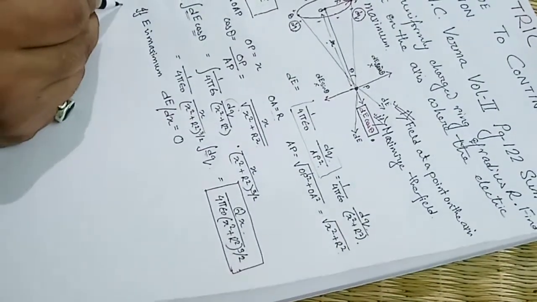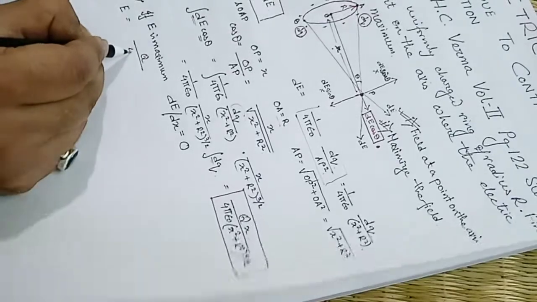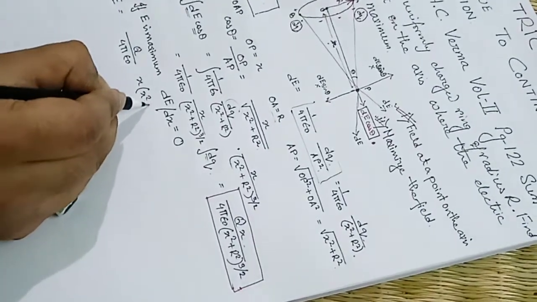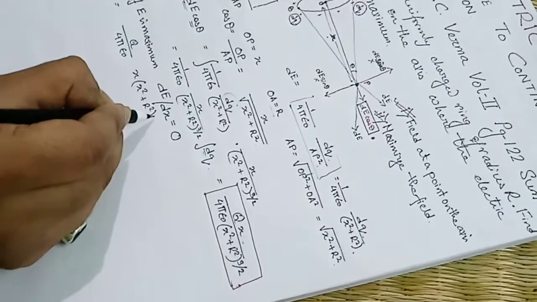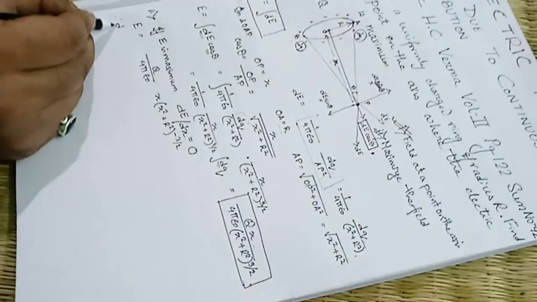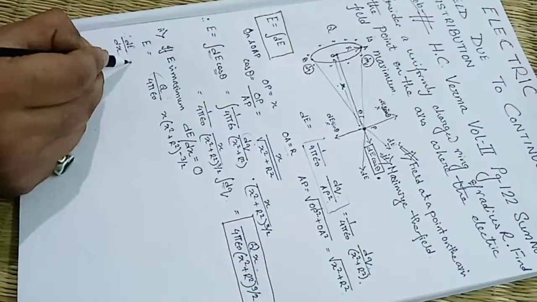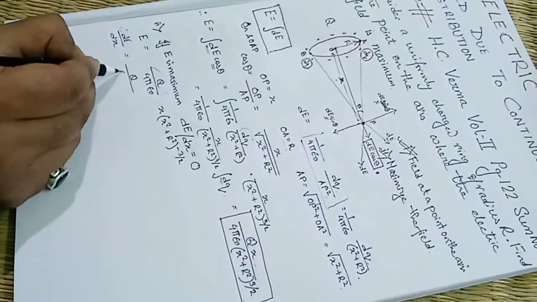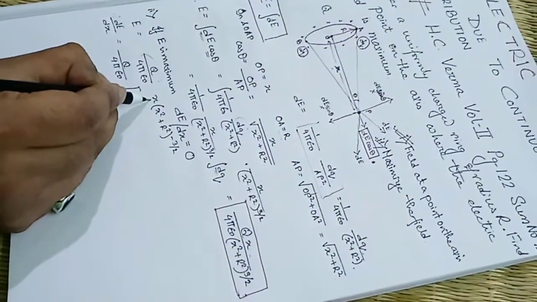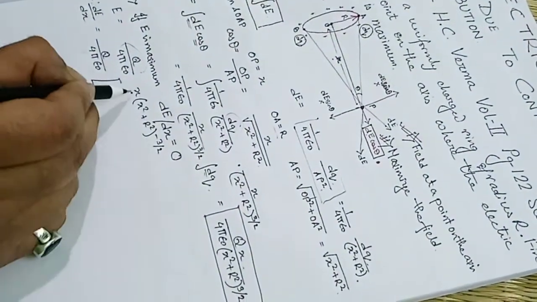So we can differentiate it. We write it simply as q by 4 pi epsilon naught x into x square plus R square whole to the power minus 3 by 2. Therefore dE/dx, this portion is constant, so it remains outside of the differential. What we do is differentiation of this into this thing plus differentiation of this thing into this thing.